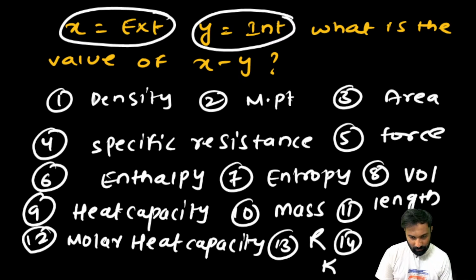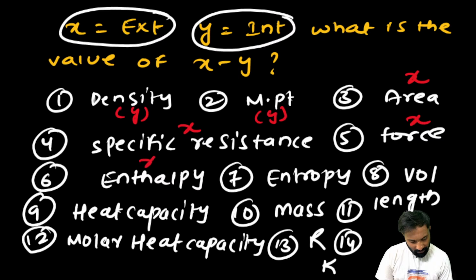Okay, now we'll see. Here, density will come under the intensive property, right? So this is y. Melting point will come under the intensive property. This is y. Area will come under the extensive property, x. Specific resistance will come under the extensive property x. Force will come under the extensive property x.